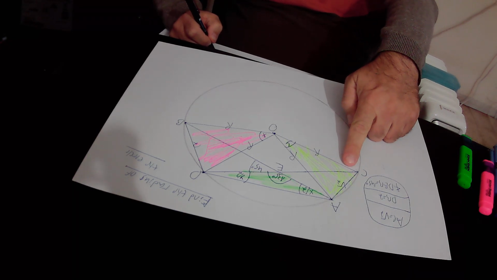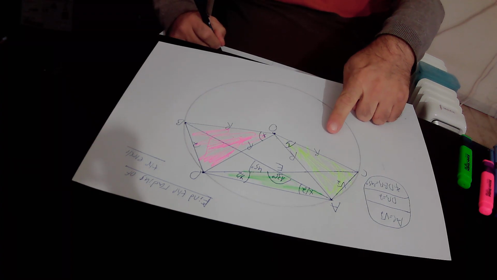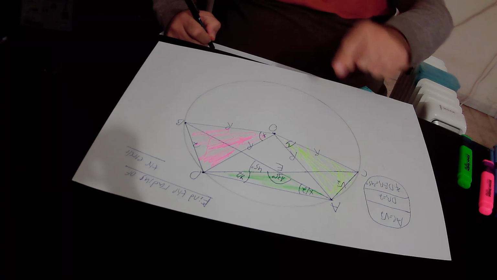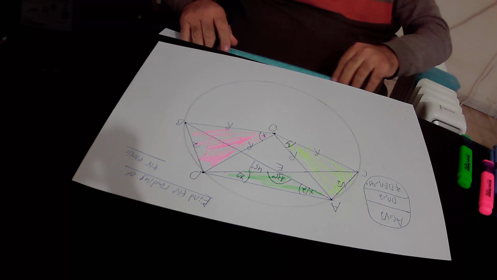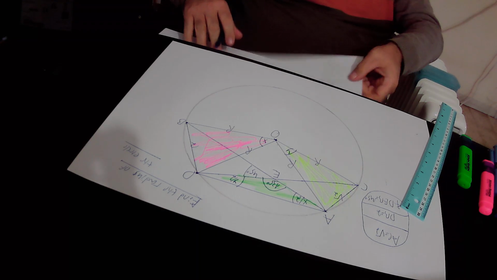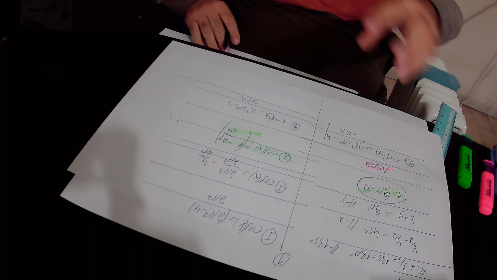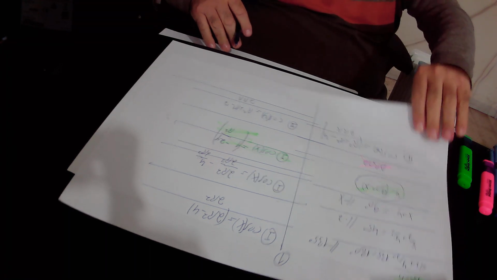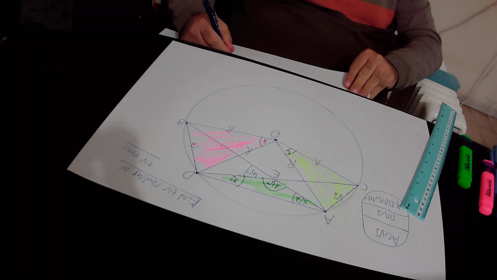Square root of 2 squared is 2, over 2 times r. Equation number 2 is the implementation of the law of cosines on the yellow triangle AOC.